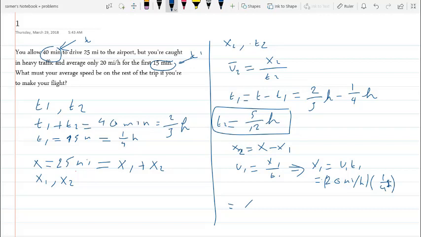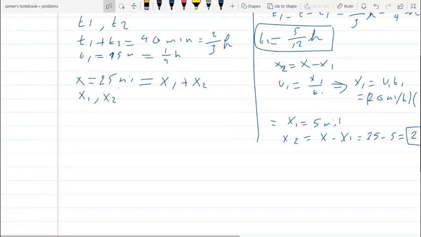So x1 is equal to 5 miles. So simply x2 is x minus x1, which is 25 minus 5, which is 20 miles. This is x2.